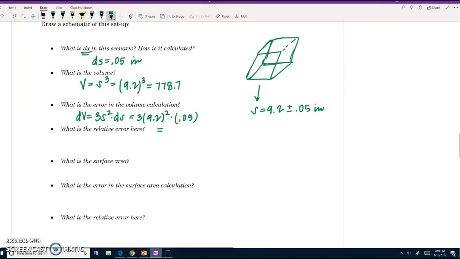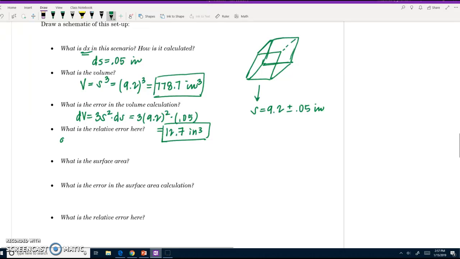When I do that, I'm just going to round to 1 value after the decimal place, and that gives me 12.7. These values should both be in inches cubed because we're working with volume here. So that's my volume, and that's my propagated error.